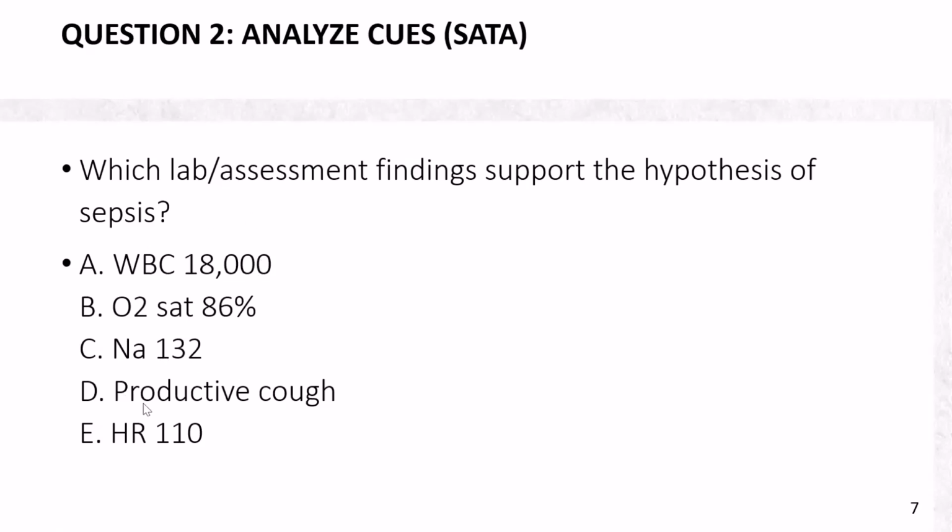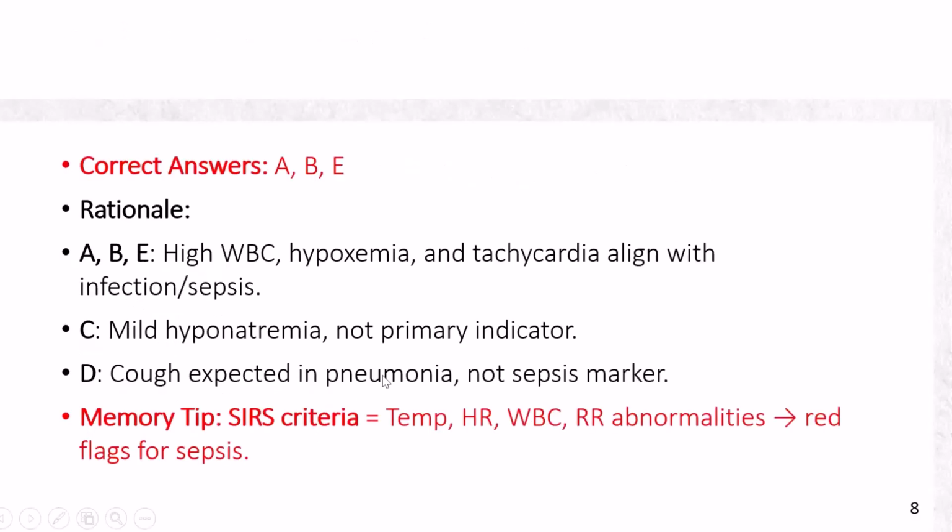Sodium will not support. The client has a productive cough, likely infectious. And then the heart rate increase. So high white blood cells, hypoxemia, and tachycardia align with infection or sepsis. Remember, mild hyponatremia is not the primary indicator for sepsis, and cough is expected since the client had pneumonia.